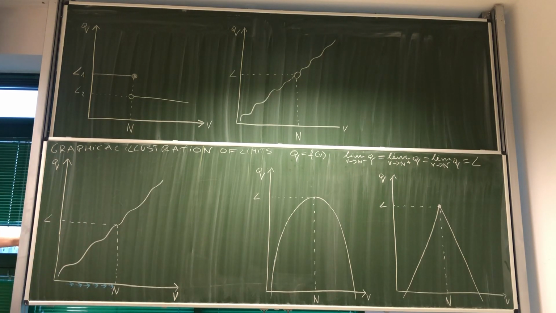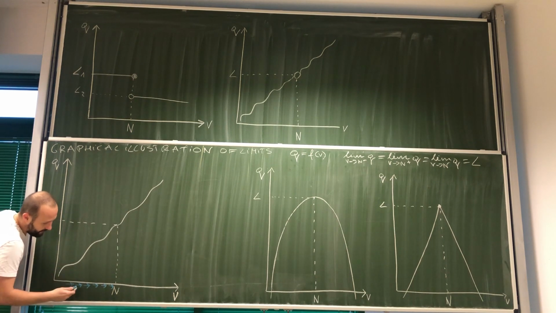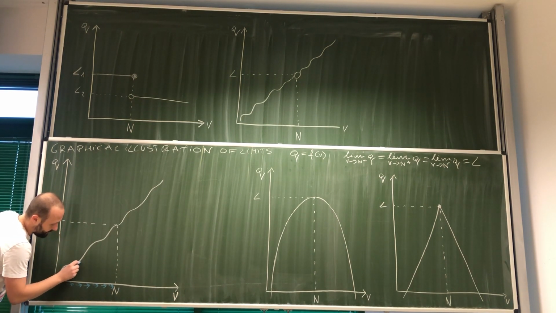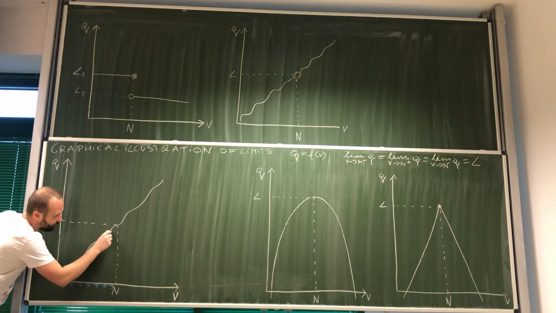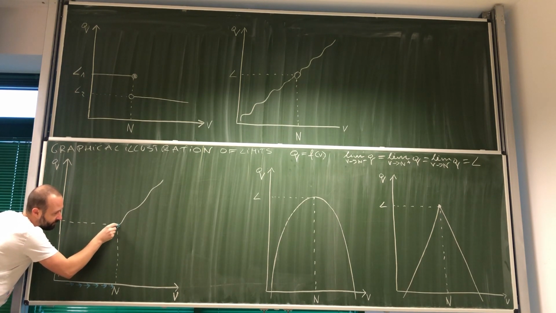And now we need to see what is happening to the values of the function as n is increasing. And we see that the line is going in here. It's getting closer and closer to this point.